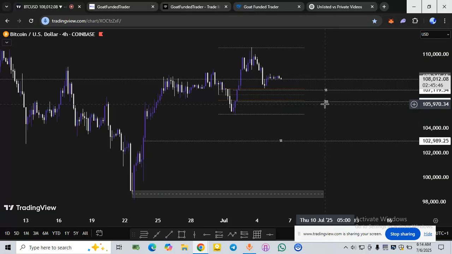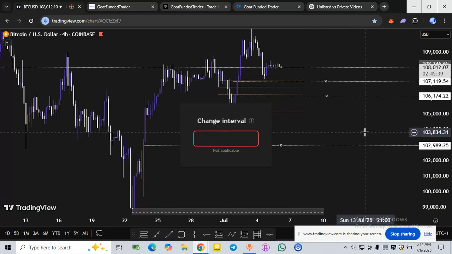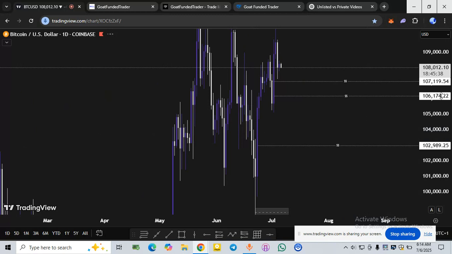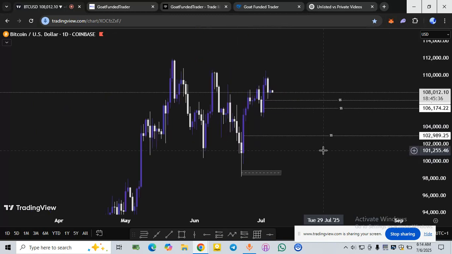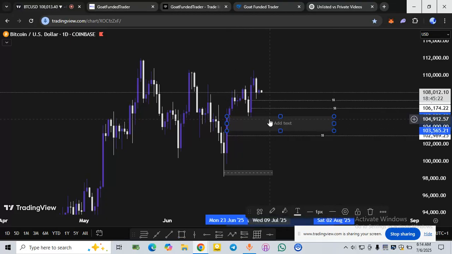Then when we get to 105, we're going to see a reaction. Now, why am I saying 105? If you take a look at the daily time frame, there is a particular imbalance in the market, which I expected price to actually come down to, which was why we took that sell that I told you guys about in this level, which is this imbalance over here. So I expect the market to come down to tap this imbalance on the daily time frame.